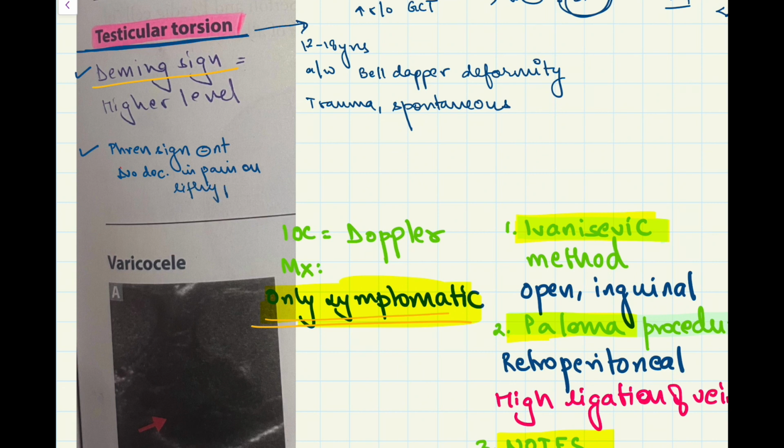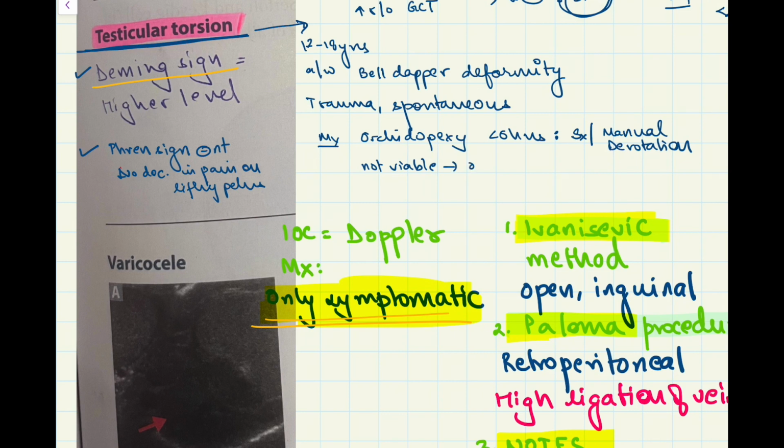Then for management, orchidopexy should be done within 6 hours, right? Manual detorsion can be performed if surgical option is unavailable in the time frame. Now, if the testes is not viable, then it is better to perform orchidectomy.